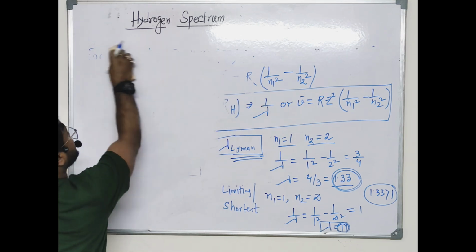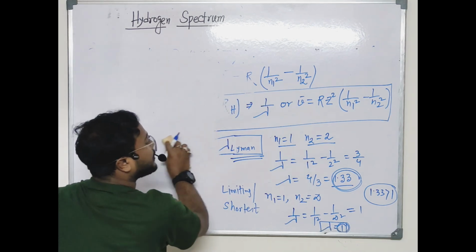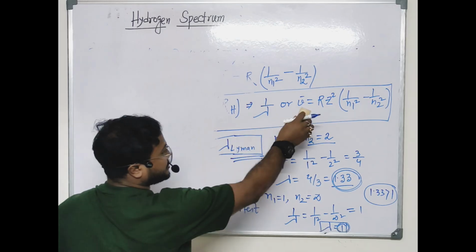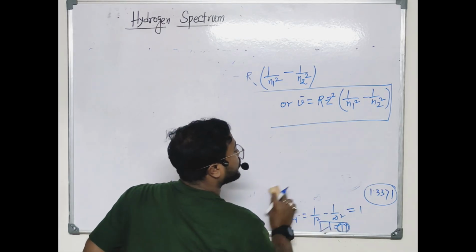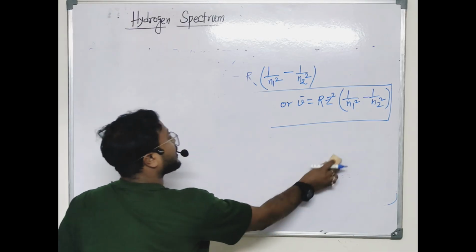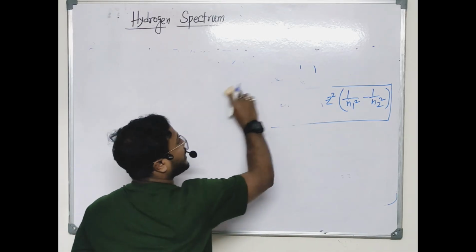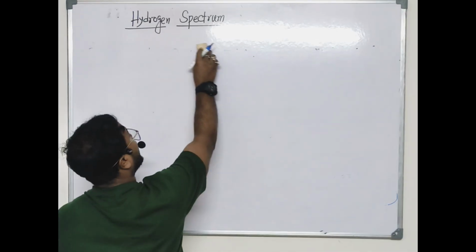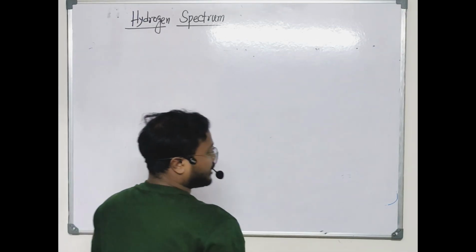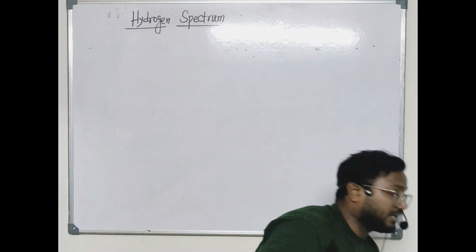In this case, you can see that the basic formula to solve all the questions is this: 1 by lambda or V bar equal to RZ square into 1 by N1 square minus 1 by N2 square. And the first line we consider as having the highest wavelength and least energy.